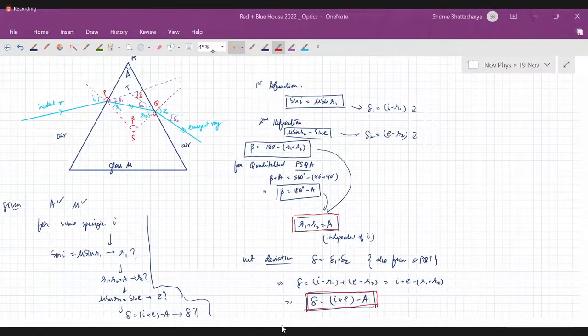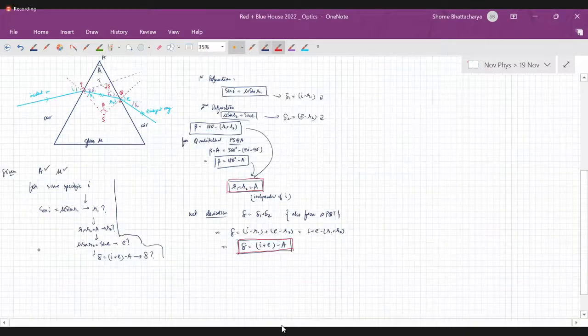Okay, so let's look at an example problem numerically. This is a diagram which refers to the same problem, but given that the angle of the prism is 45 degrees and the refractive index of the glass is root 3, approximately 1.73, and a ray of light is incident at an angle of incidence equal to 60 degrees from one side.